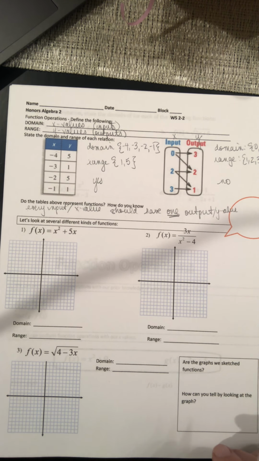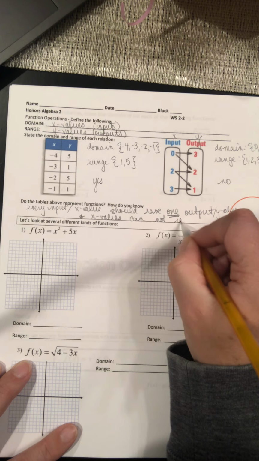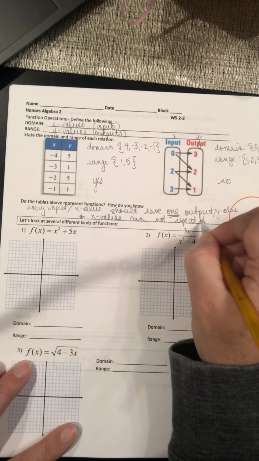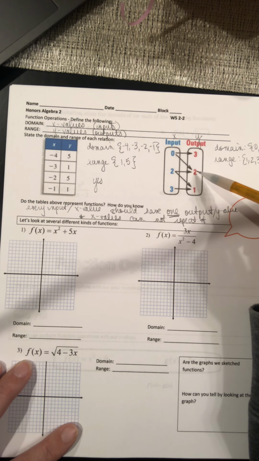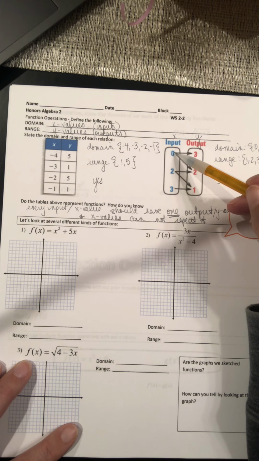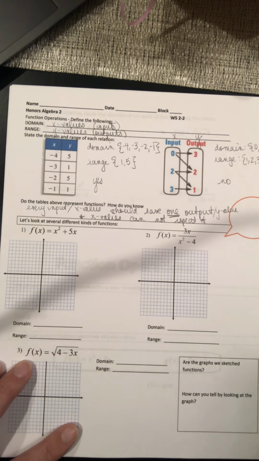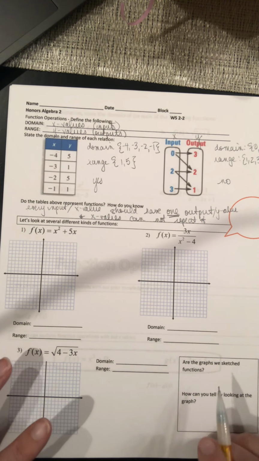There's also the fact that the x values, sometimes students say this too, cannot repeat is another way to look at it, right? So if you were to list all the points here, like 0, 3, 0, 2, you'd see that the 0 repeats itself in two of the coordinate pairs, okay? So therefore, this is not a function. That's another way to look at that, okay?